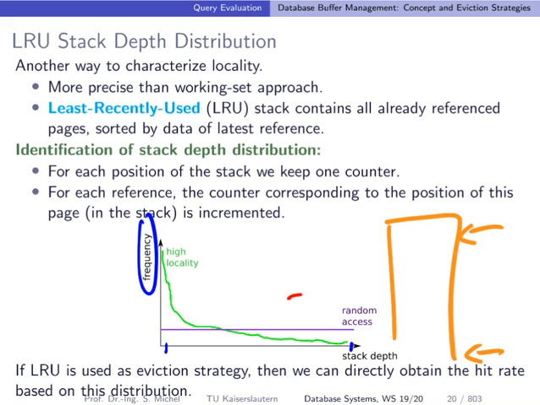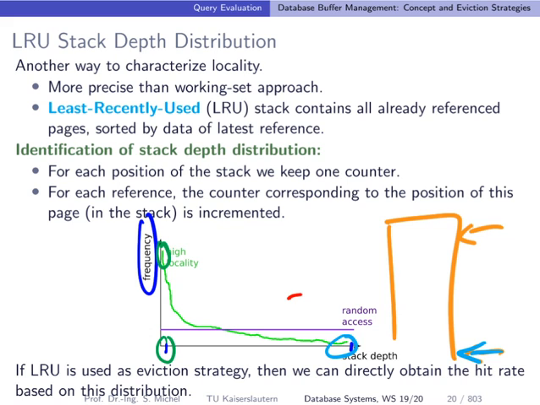So there's a high probability that you're accessing a very top stack position, like a very previously used page. On the other hand, if you go to the right-hand side, you see that for very low stack positions, at the bottom of the stack, it's unlikely that you would access a page which is positioned there.